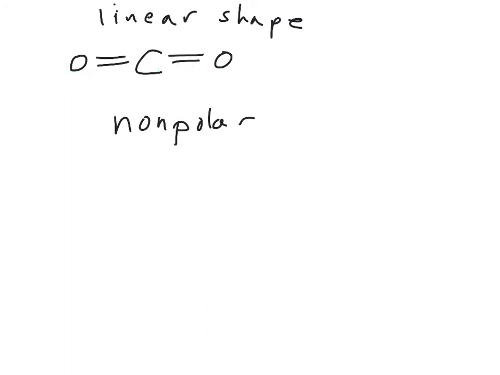What does this shape have to do with the fact that carbon dioxide is nonpolar? Well, oxygen and carbon are much different. They actually don't play nicely with each other. The oxygen wants to hog the electrons in the carbon-oxygen bond. But what happens is you have two oxygens bonded to the carbon, each wanting to hog the electrons in the different bonds.